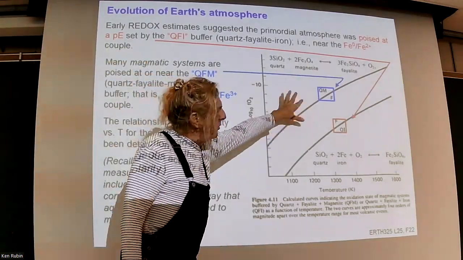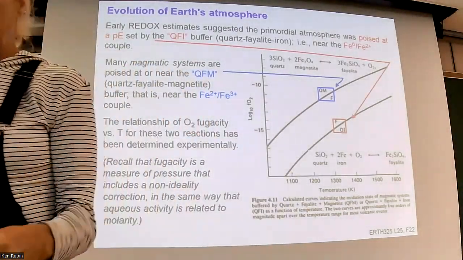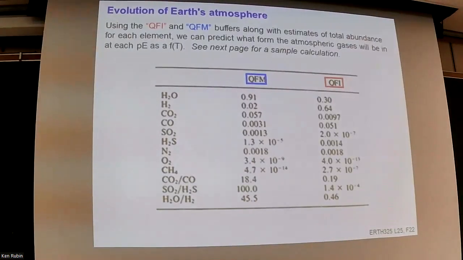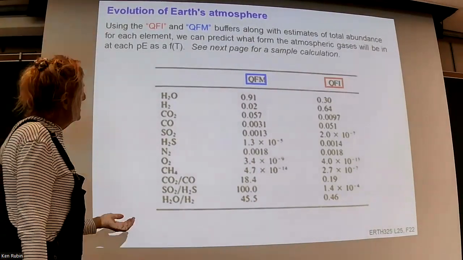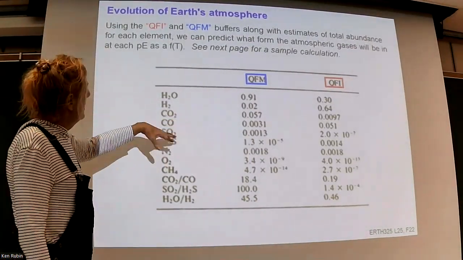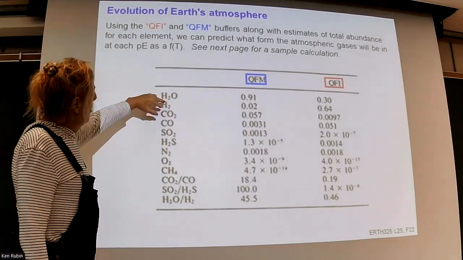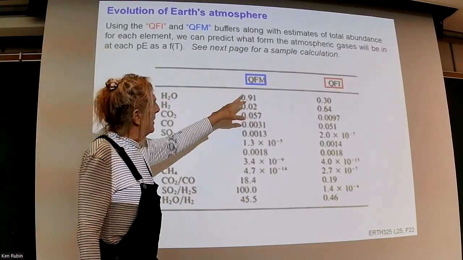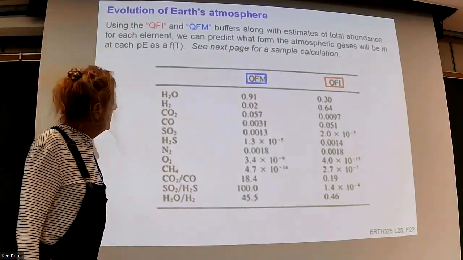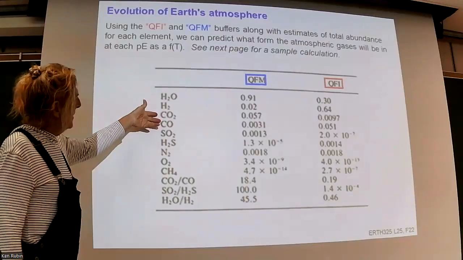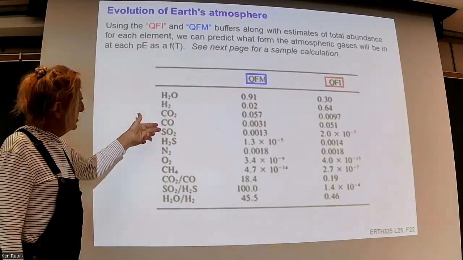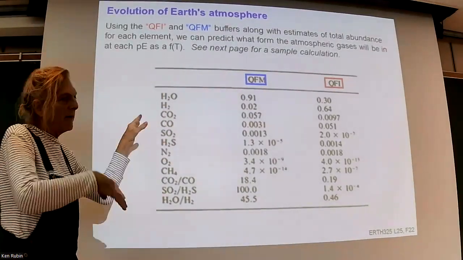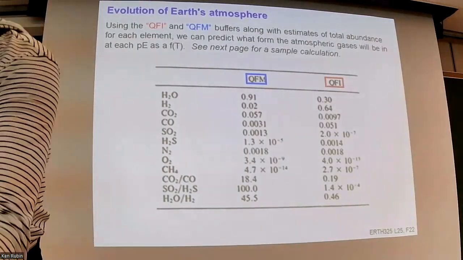And these two proportions allow us to estimate the relative amounts of the gases which are here. And so you can see, for instance, at the more reducing one, there's more hydrogen and less water. And in the more oxidizing one, there's more water and less hydrogen. You can look at the relative proportion of carbon dioxide, carbon monoxide, sulfur dioxide, hydrogen sulfide. They all vary as a function of how oxidized or reduced stuff was.